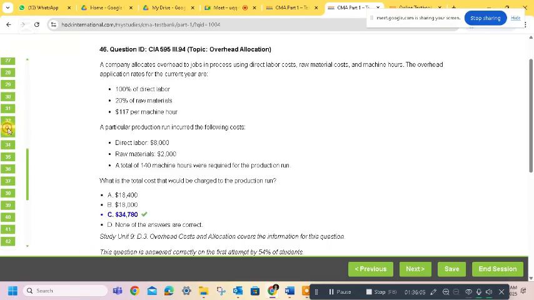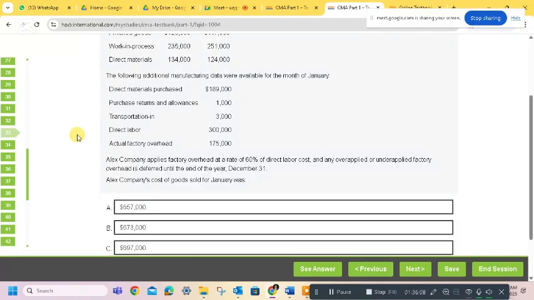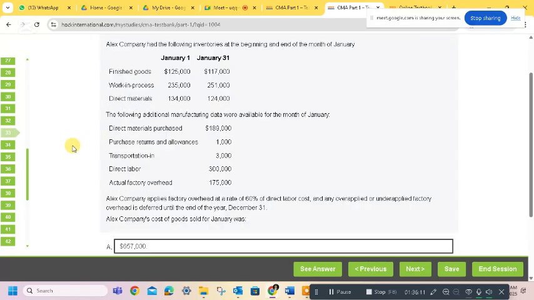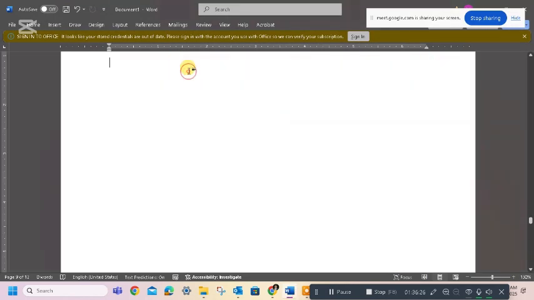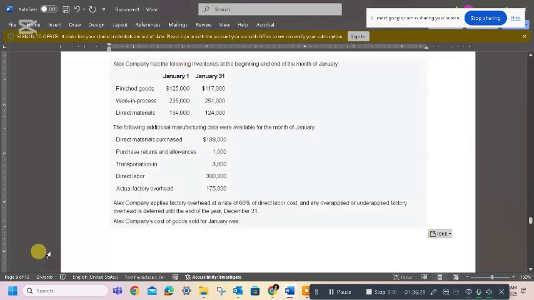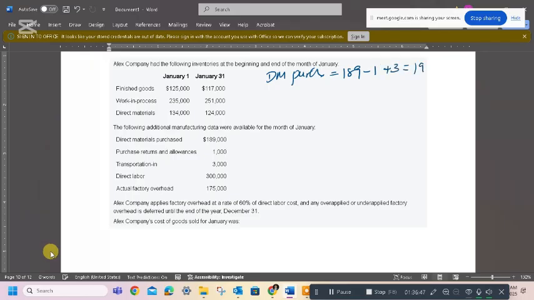We'll do one more and finish it. Right. So material purchased, you have here purchase 189,000, purchase returns and allowances 1,000, transportation in 3, that means 191.